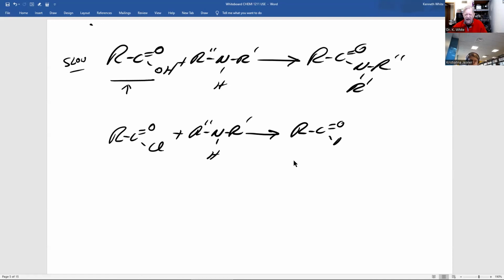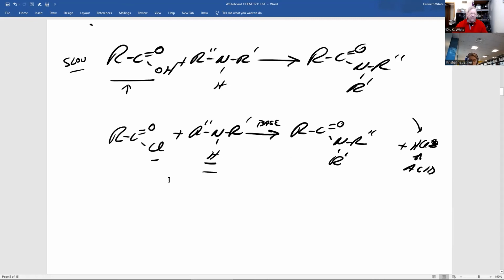The rate of reaction is much faster. Now, you lose a hydrogen here and a chlorine, and you generate hydrochloric acid. This is an acid. And so what you normally do is put a small amount of base in there to neutralize the acid. Otherwise, the acid will react with your amine.